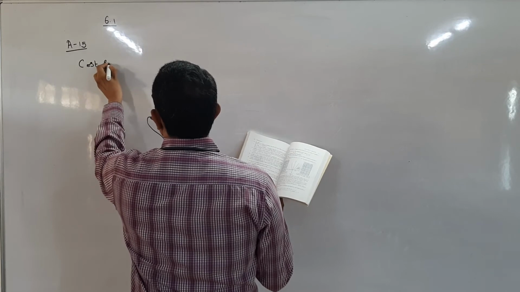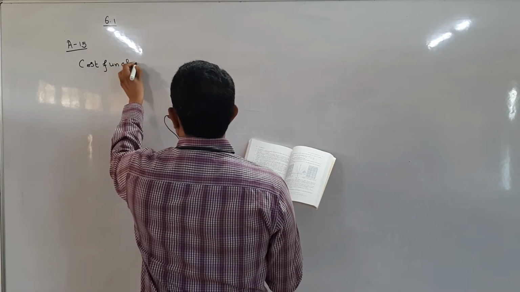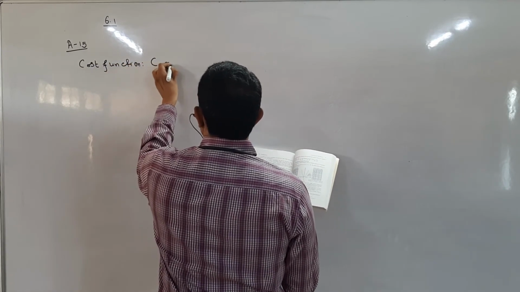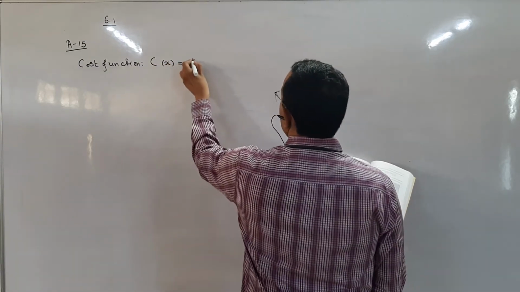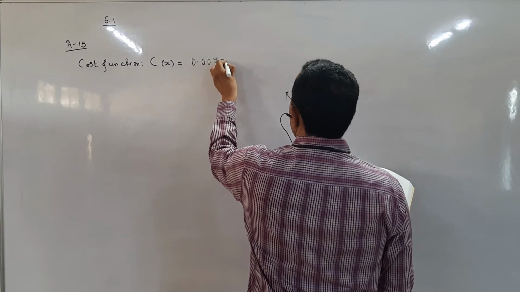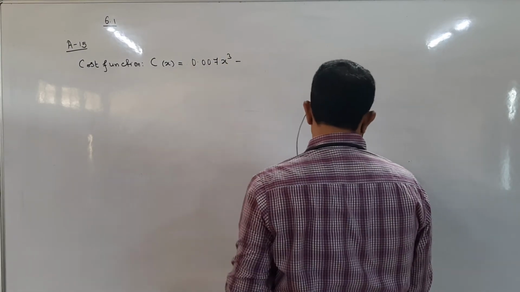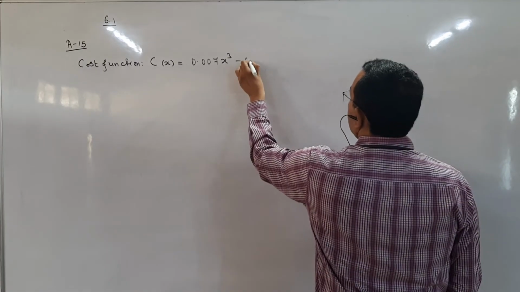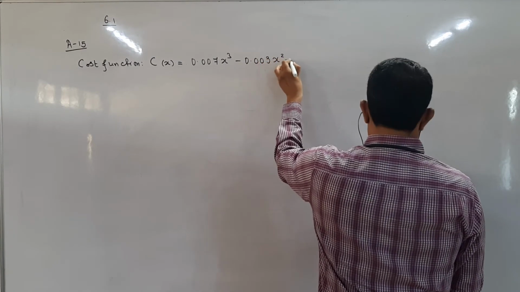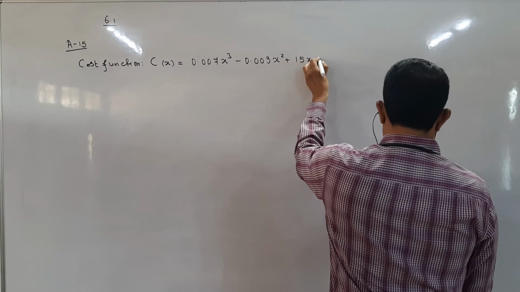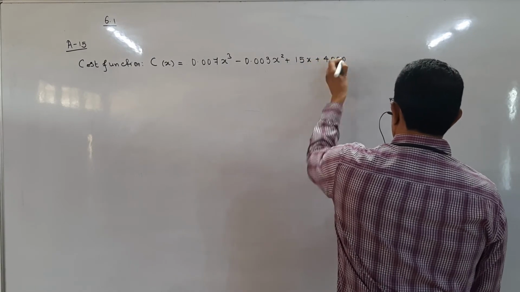So we are given, students, a cost function, and that function is C(x) is equal to 0.007 x cube minus 0.003 x square plus 15x plus 4000.